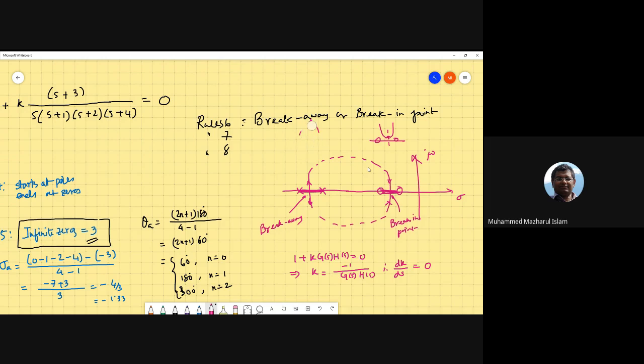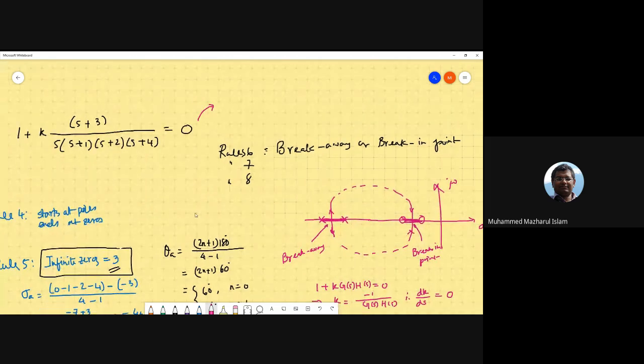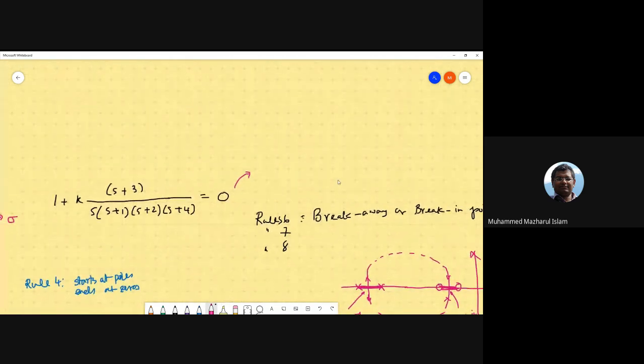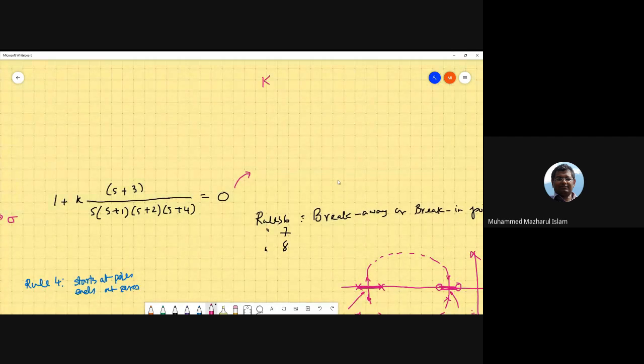So let's do this. Before we learn the other rules, let's do this for the transfer function that we have here. Now, if I rearrange this transfer function in terms of k, it will be, is it okay if I jump 2 steps, or do I need to do this in detail?